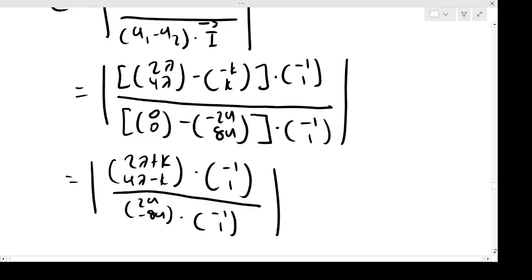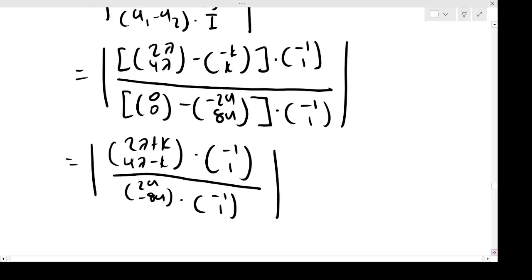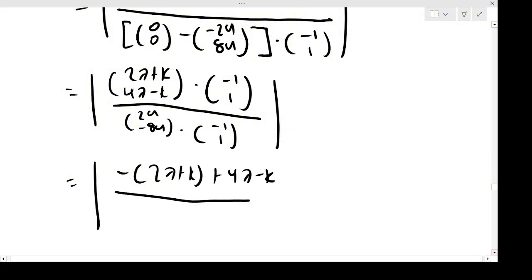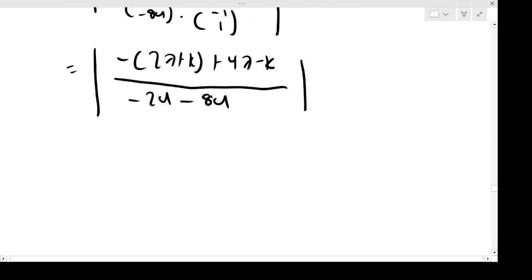Then if I work out the dot product, it's going to be minus 2 lambda plus k plus 4 lambda minus k, over minus 2u minus 8u. And so I'm going to simplify a bit more.